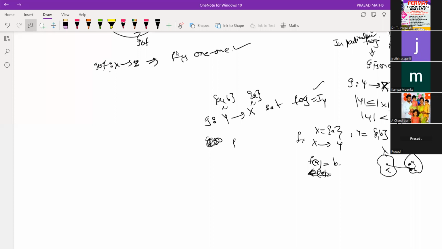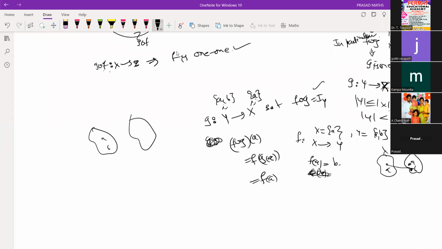What happens? Suppose there exists a function like this. What happens? f circle g of a is equal to what? f of g of a. That means what? What is my g? My g is a constant function because a, b goes to a itself. Therefore, what is g of a? a. My g function is this: this is my a, this is my b, this is my a. So this is my y to x.